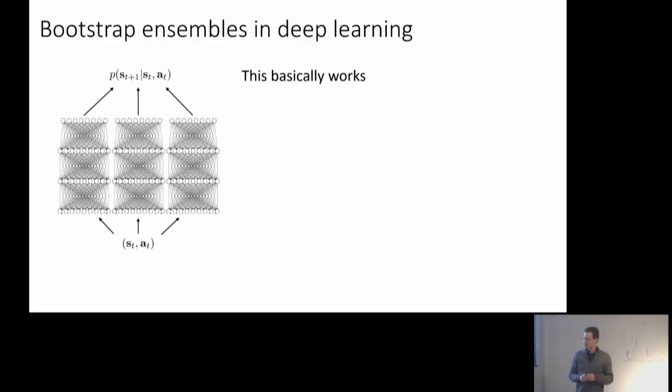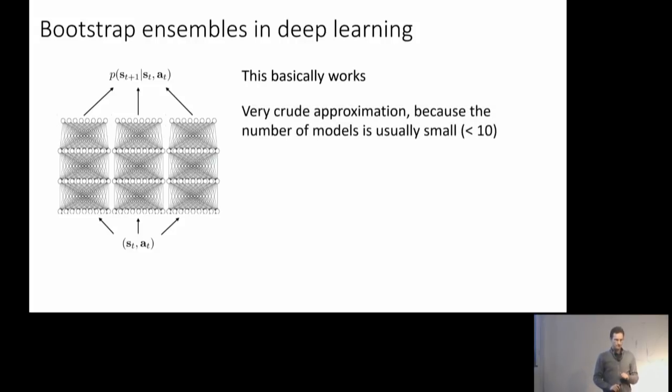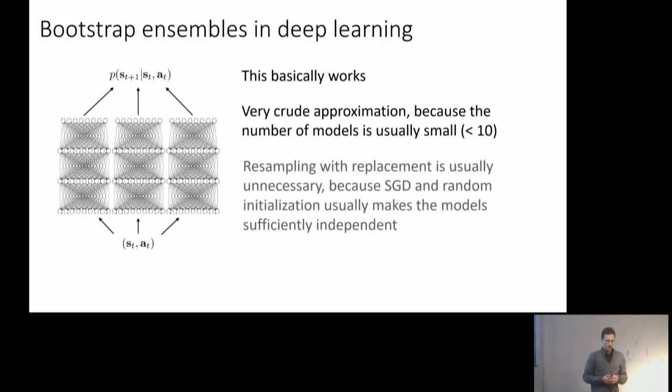This idea basically works as I described it, and it'll do mainly the right thing. In practice, you're going to use a small number of models because deep neural networks are expensive, so it becomes a very crude approximation to the true model uncertainty. If you're training big neural networks, you'll probably have fewer than 10 models, which means you have some estimate of uncertainty, but it's not necessarily great.